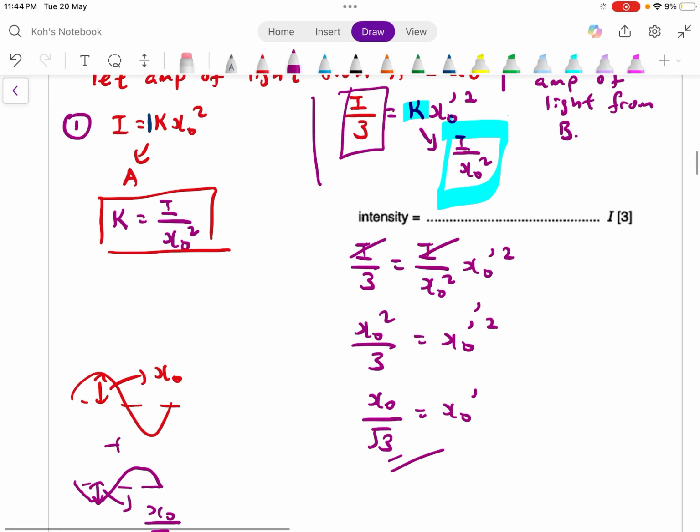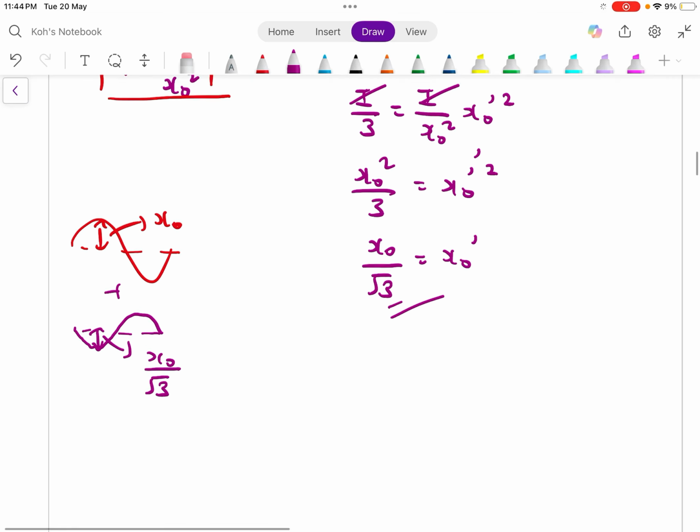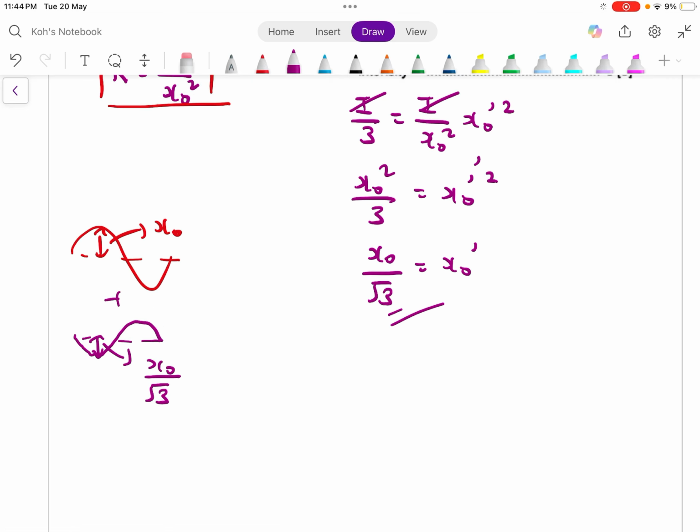Based on this, it's time to do the subtraction or addition. Because it's a destructive interference, definitely you must do the subtraction. This is from slit A, this is from slit B, and they meet out of phase. So I calculate the resultant amplitude of the destructive interference: 1 x0 minus 1 over root 3 x0.